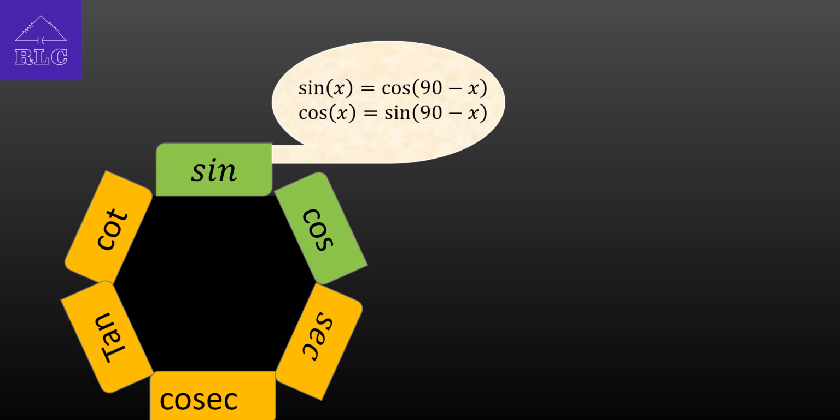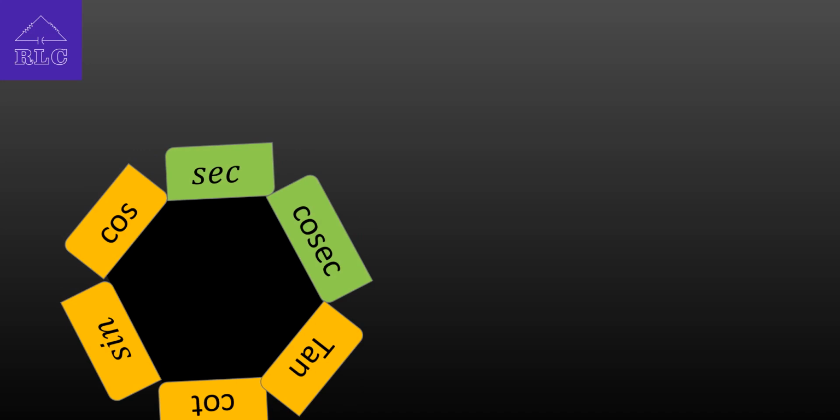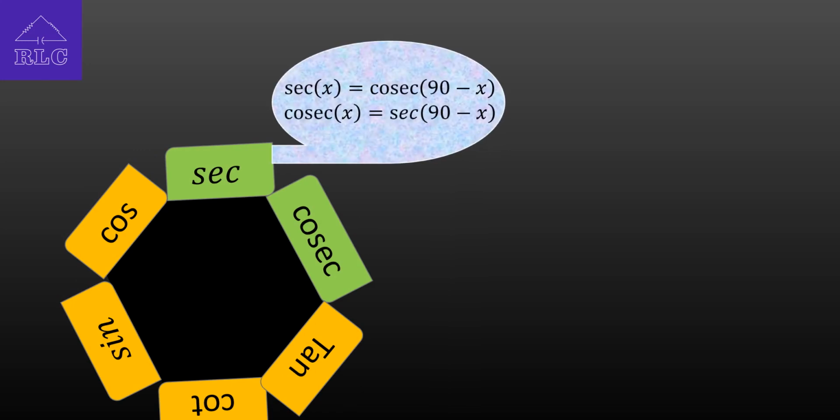Next we'll move to secant and cosecant. How are these two functions related using sign convention? Secant x is equal to cosecant 90 minus x, or cosecant x is equal to secant 90 minus x.